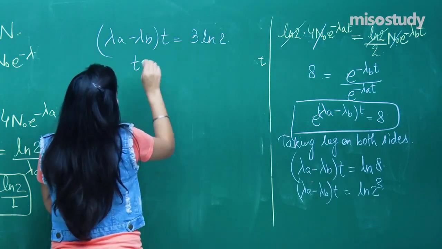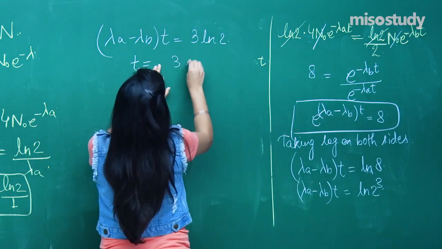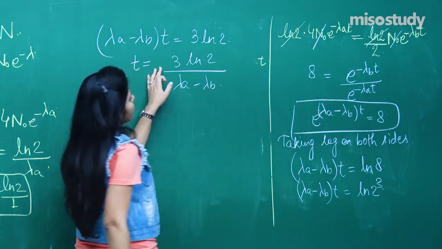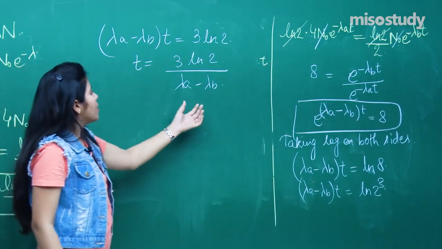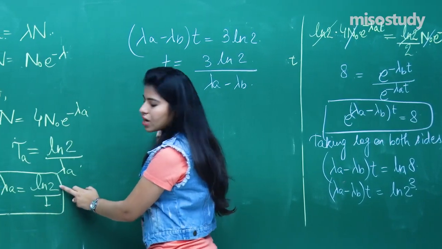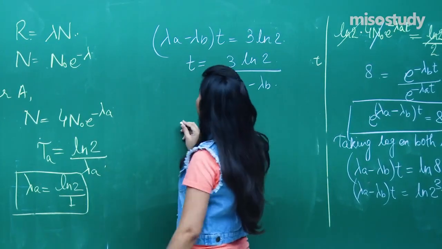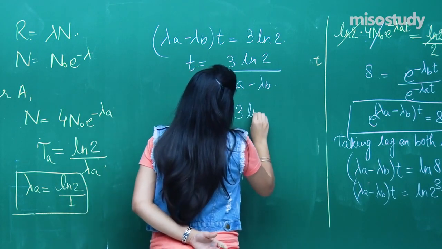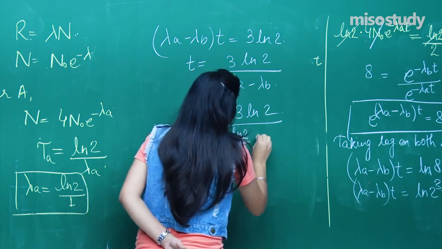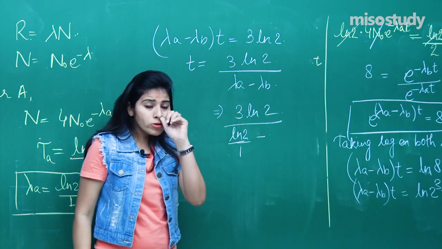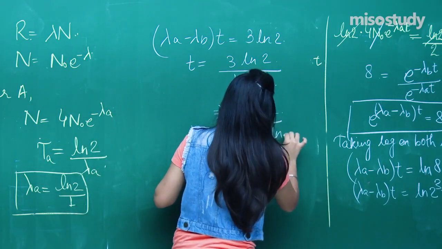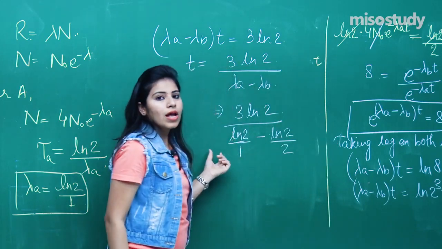Now to find out the time, we are having T equals 3 log 2 divided by lambda A minus lambda B. Now lambda A, you have found out, was log 2 and lambda B was log 2 by 2.